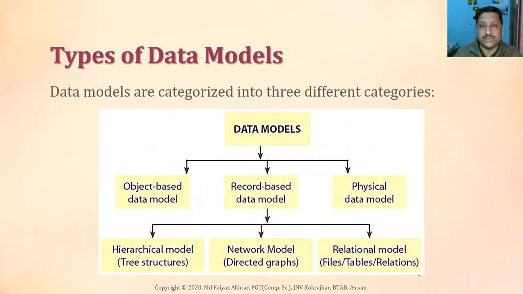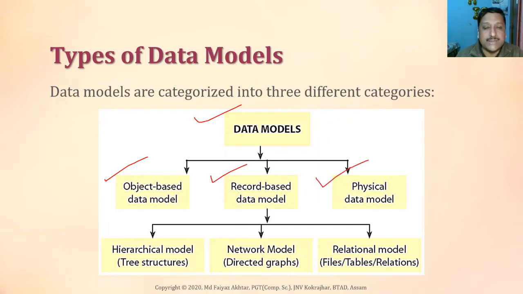Types of data models. So many models have been developed, and these models have been categorized into three different categories. What are those categories? First one is object-based data model, then record-based data model, then physical data model.